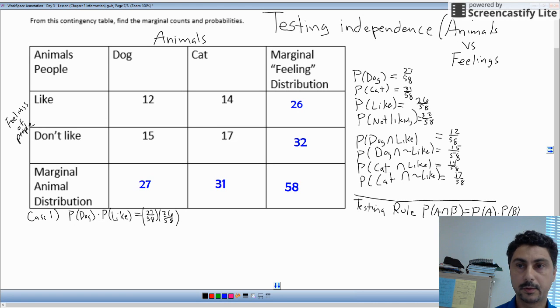I type in 27 divided by 58, and then multiply it by 26 divided by 58.